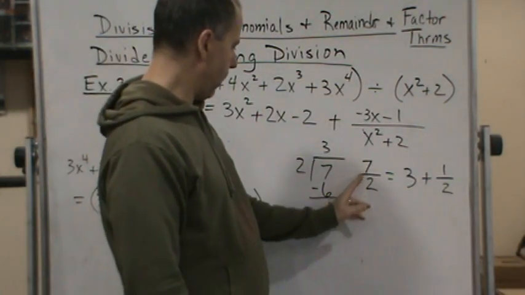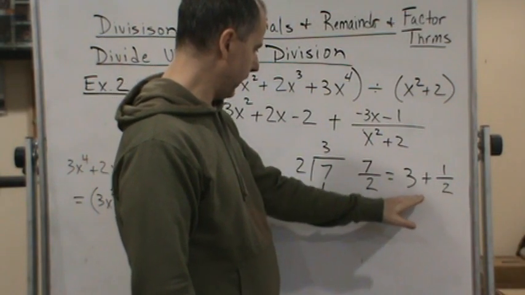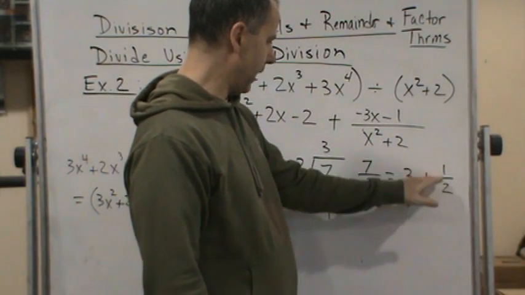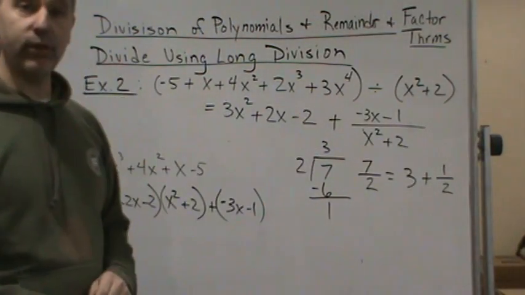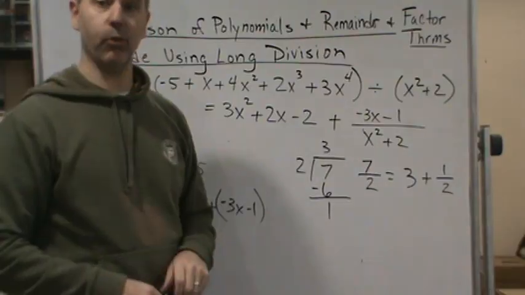So we can write the division problem as 3, but then we're going to get the remainder divided by the divisor. So again, same thing we've been doing with numbers, now we're doing the same thing with polynomials.